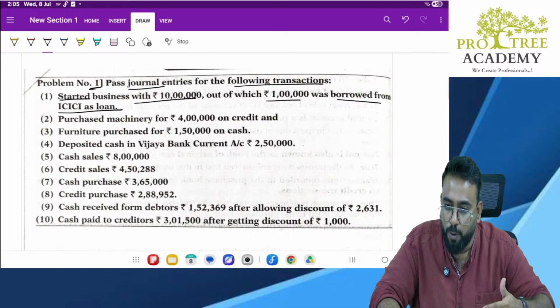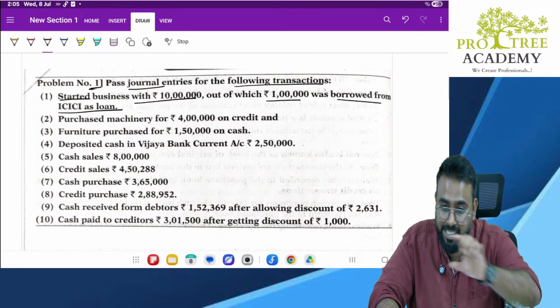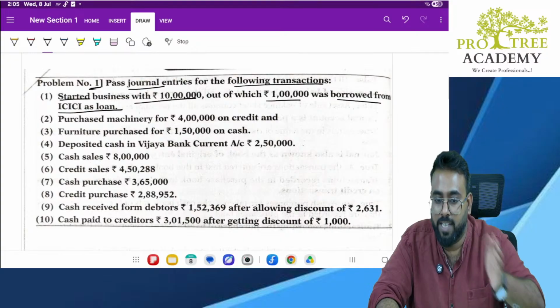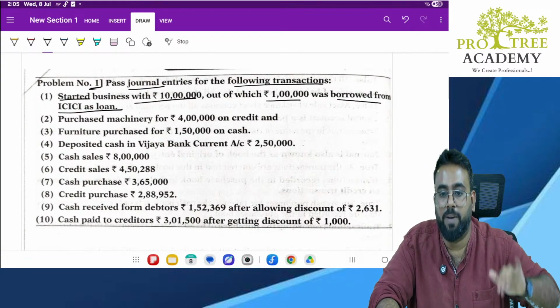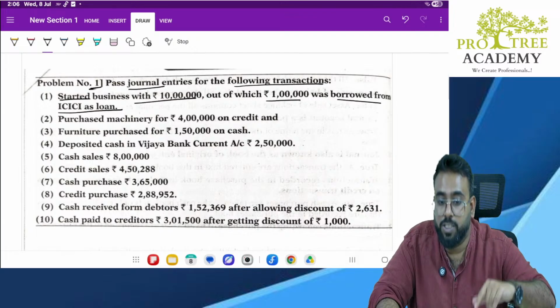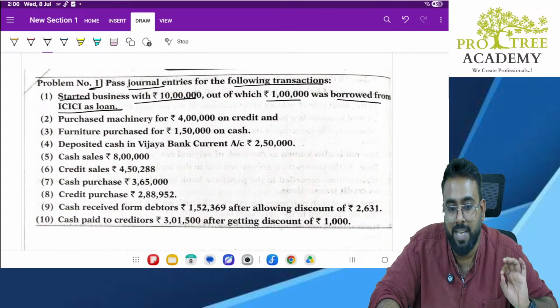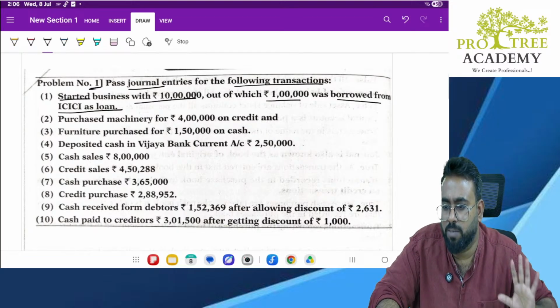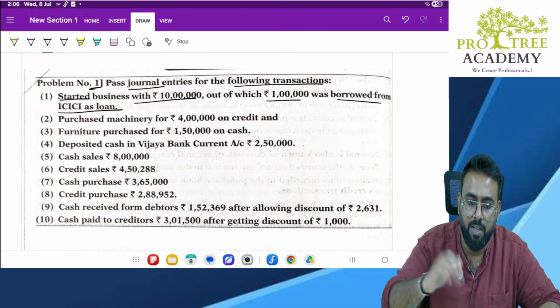Economic benefit inflow is there, but this is by way of contribution by the owner, so this will not come as income. This will come as capital. Capital definition is simple: contribution or distribution by the owner.